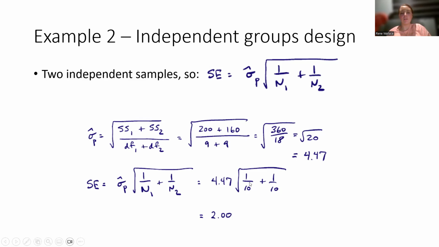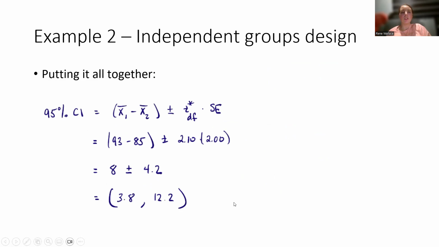So we have 1 divided by 10 plus 1 divided by 10 equals 0.2. So when we put everything together, we have X bar 1 minus X bar 2 plus or minus this t asterisk degrees of freedom times standard error, which gives us a 95% confidence interval of 3.8 to 12.2.